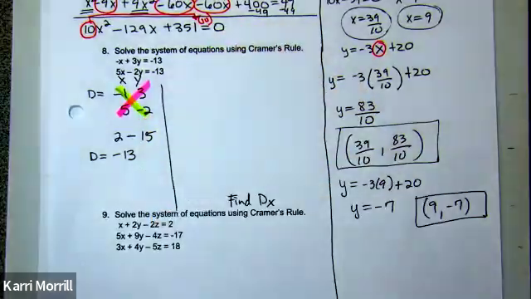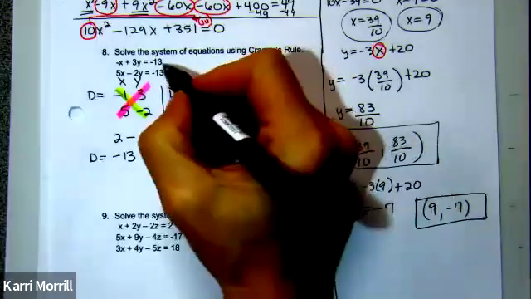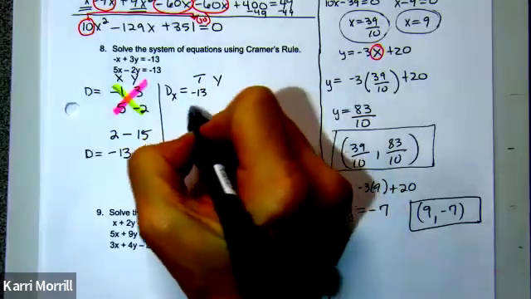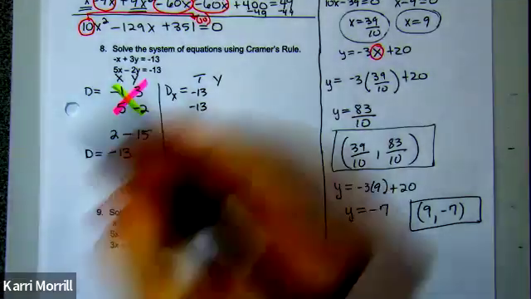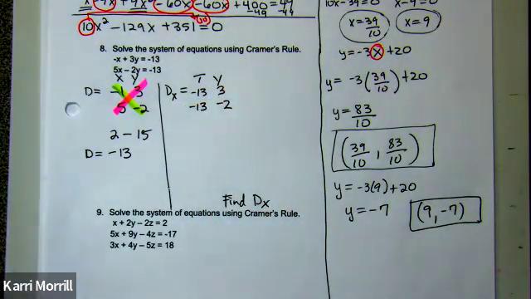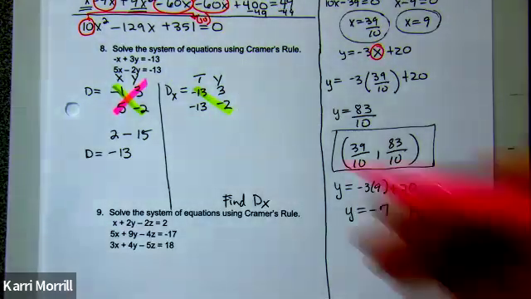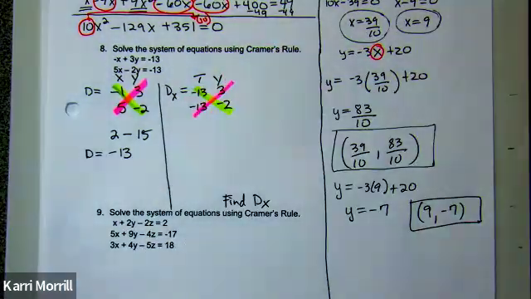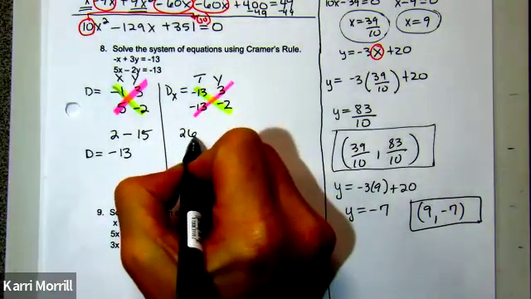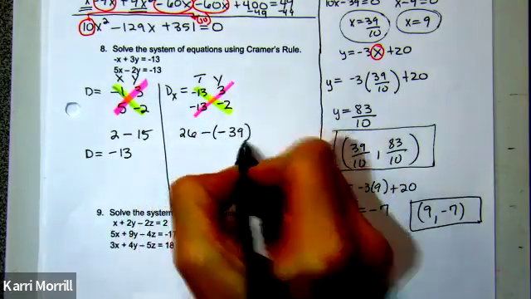So to find your X, we have to first find Dx. And that's when we use our totals and then our Y values. So we have -13 as our totals for both of those, but then my Y is 3 and -2. So we're going to take our downs and we're going to subtract our ups. So negative times a negative makes that a +26, minus a negative times a negative makes that a -39.